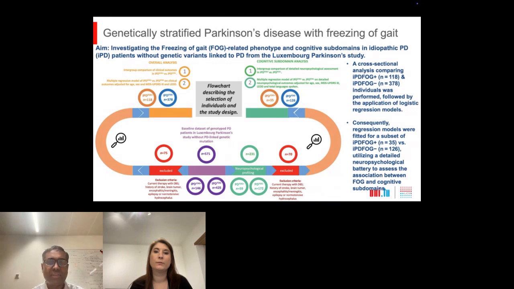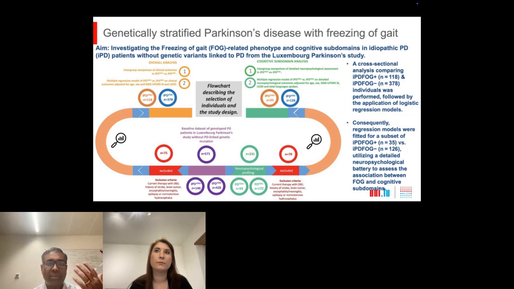Okay, in our study, if you look at this diagram, we started with 571 PD patients genotyped and without links to PD mutations.